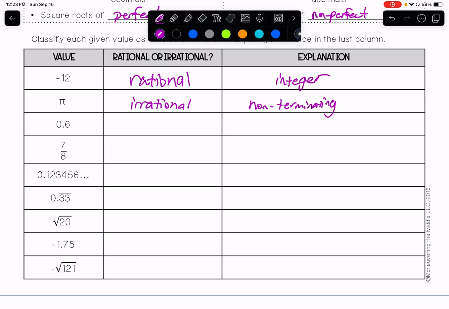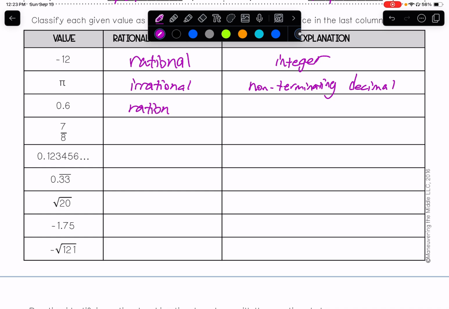All right, welcome back. You should have gotten irrational, rational, irrational, rational, and then rational. 121 is a perfect square. This is a terminating decimal.